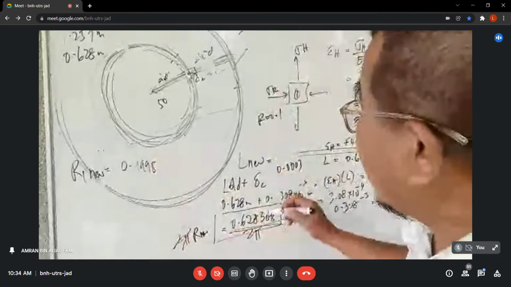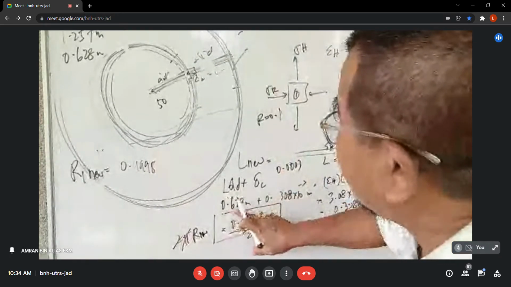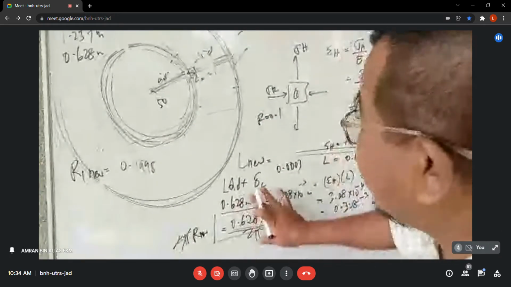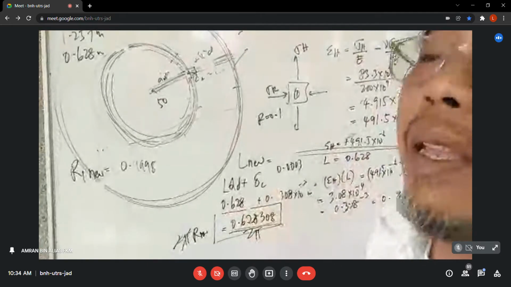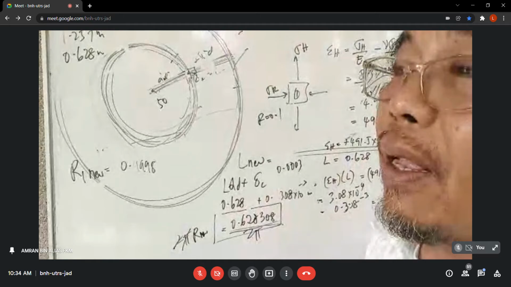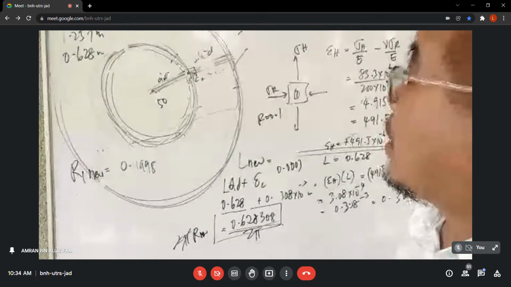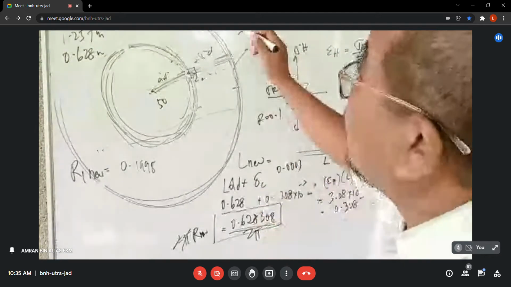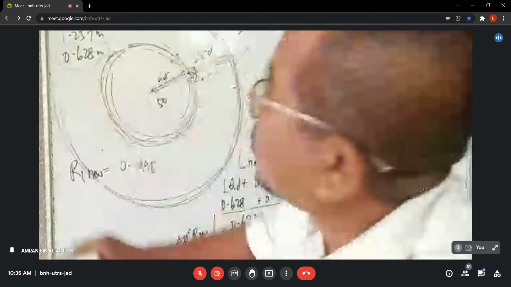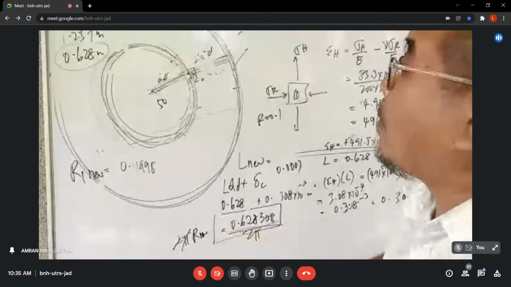So that means you cannot leave 0.628 like that. There must be 628 something there. Are you with me? Okay. The original length is what there? 2 pi R. You cannot write 628. 628 what? Fill it up all the way.